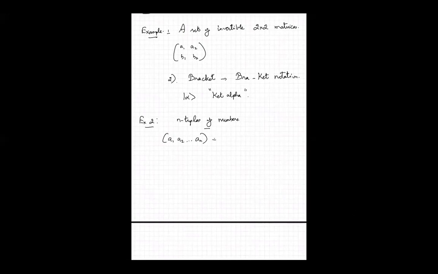For example, a1, a2, up to an plus b1, b2, up to bn would simply be equal to a1 plus b1, a2 plus b2, up to an plus bn. And I can multiply this by a number, say C times A1, A2, up to AN is simply equal to the new n tuple CA1, CA2, up to CAN. So this is another example of a vector space.